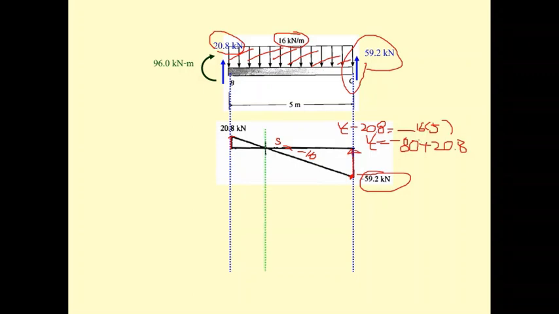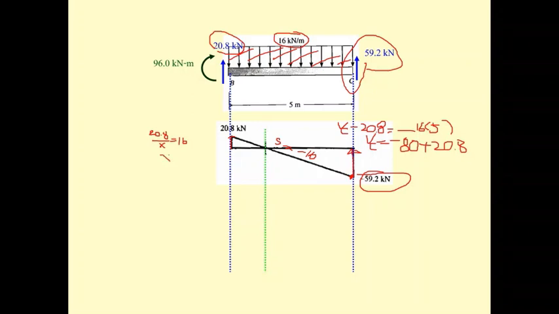Okay. And the distance here, can you find it? Let's say it's going to be 20.8 divided by x. That is going to be the slope 16.